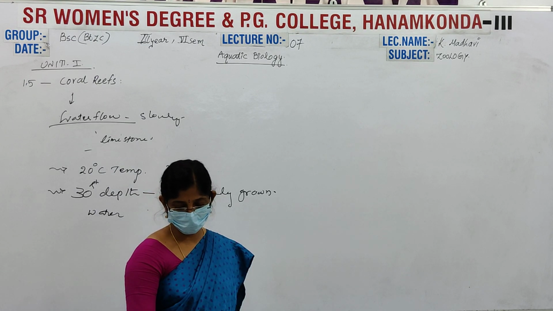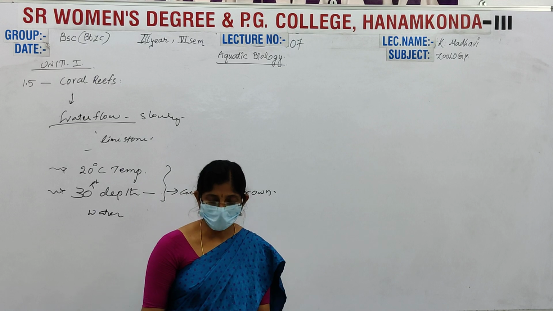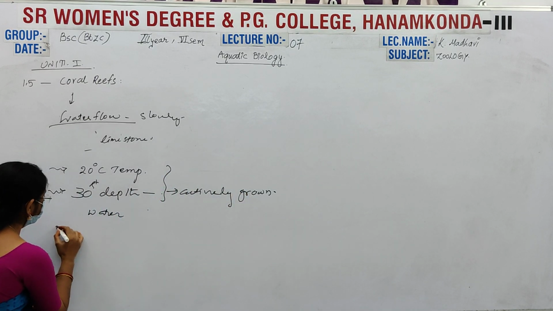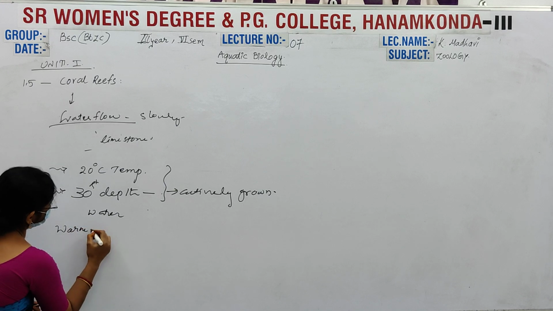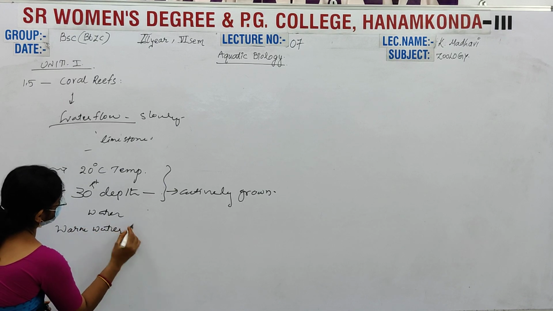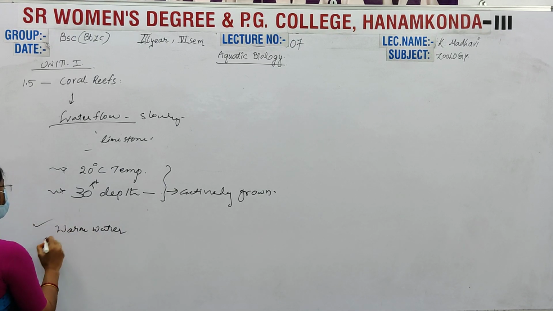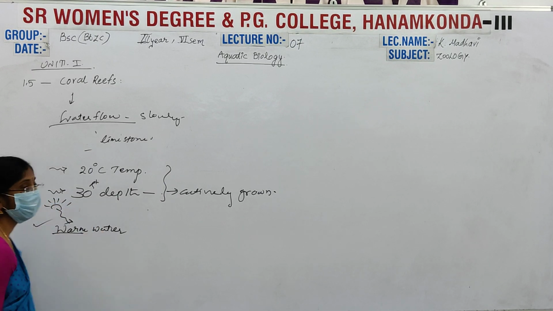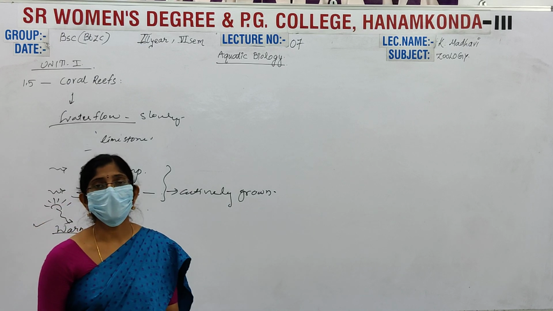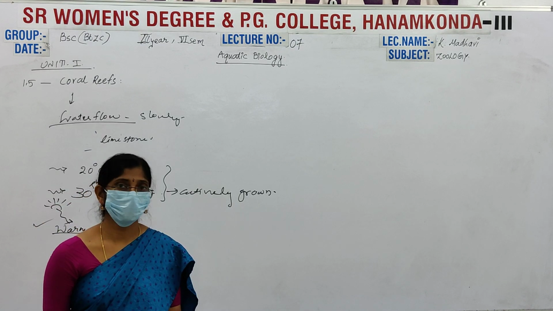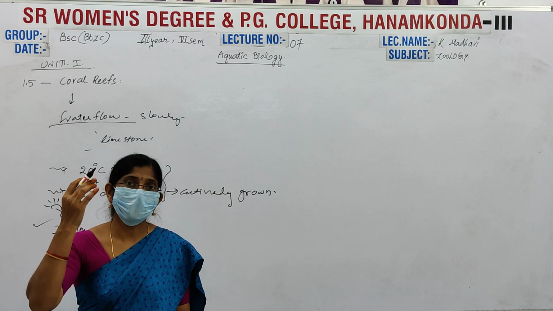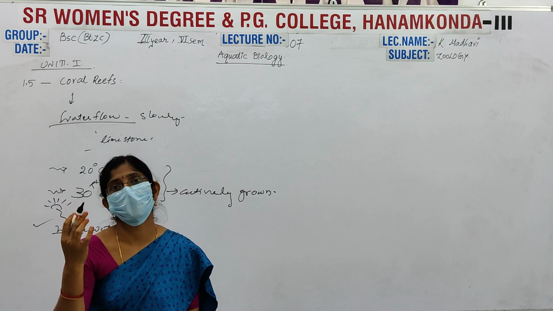Here the coral reefs flourish in warm water. Warm water is most important for the flourishing of these corals. Warm means where the sunlight penetrates into the water body, up to certain measurements. For example, the epipelagic zone mostly contains the high temperatures.